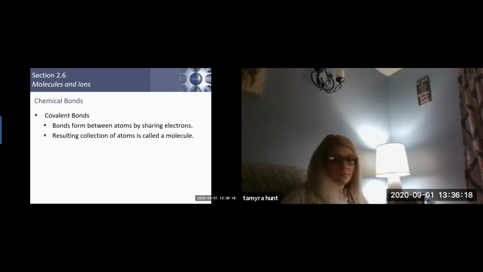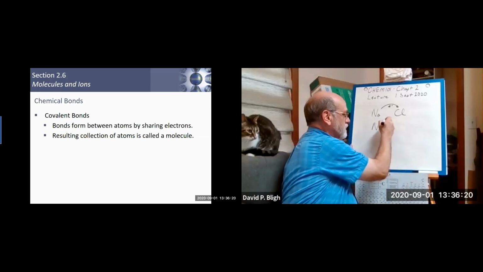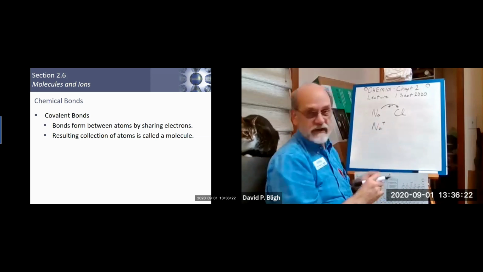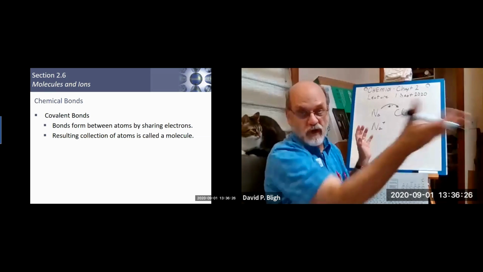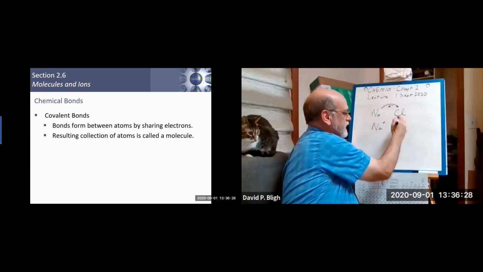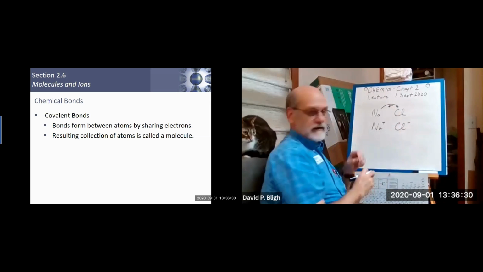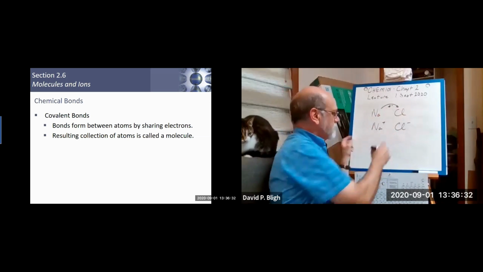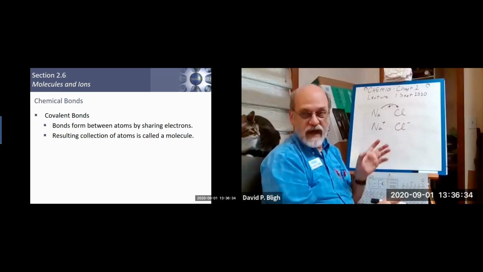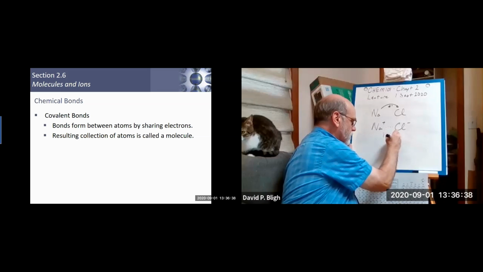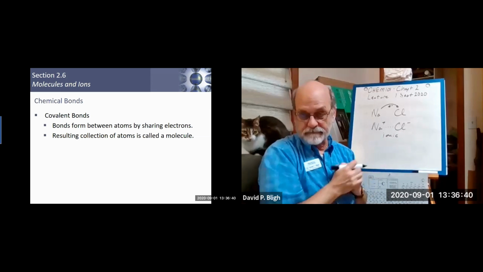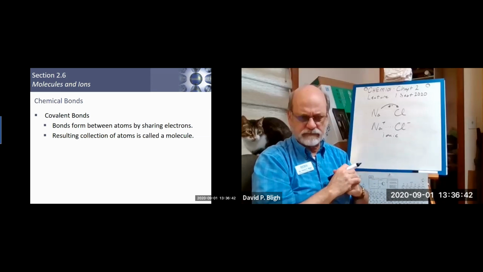One electron short for sodium means a positive charge, because the imbalance is toward the positive if we lose one of the negatives. And we add a negative over here, because that's where it went. Now you have electrostatic attraction, and this is an ionic bond, purely ionic.